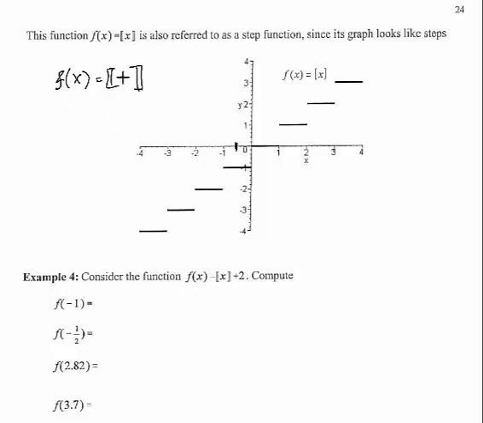If instead we insert our -1/2, and we've already worked with this input, we get a -1. So if you look here at x equals -1/2, we drop down here to y equals -1.